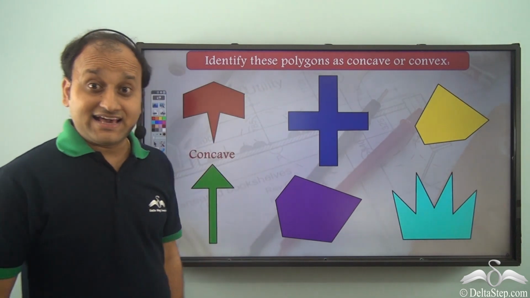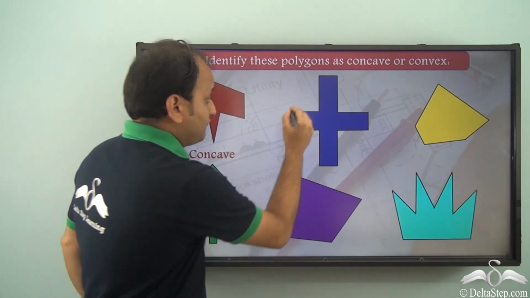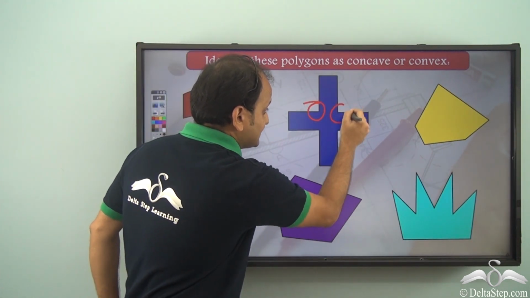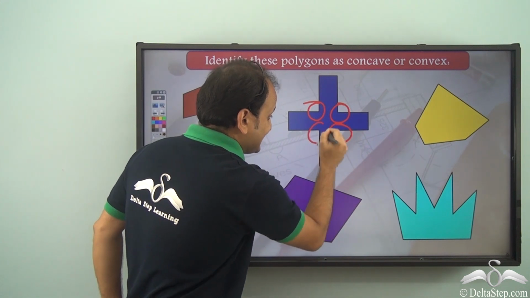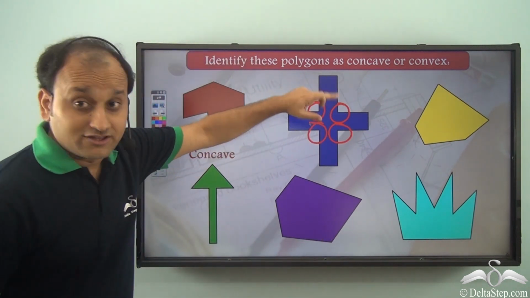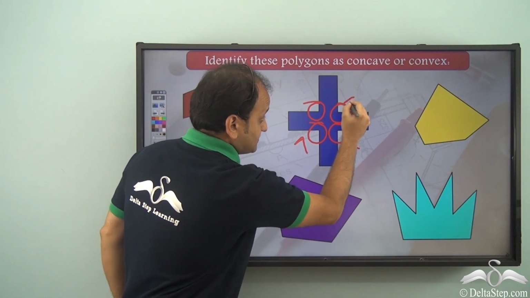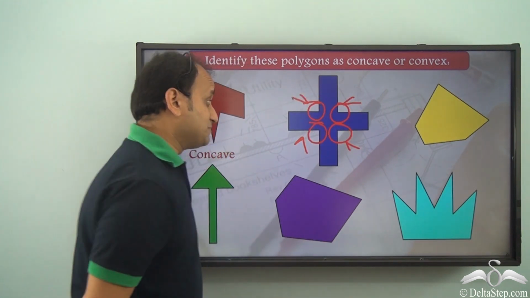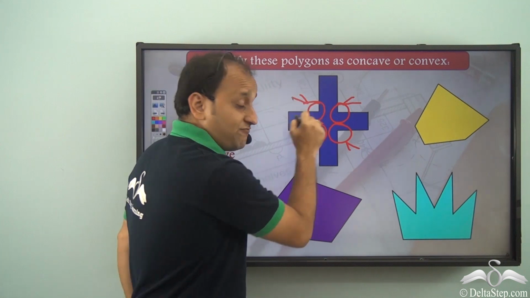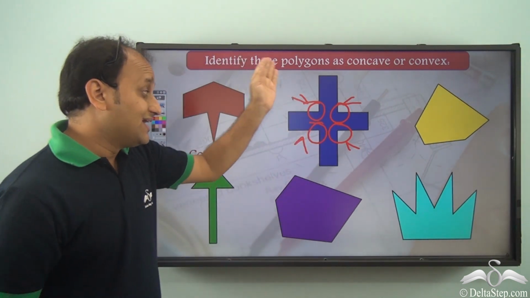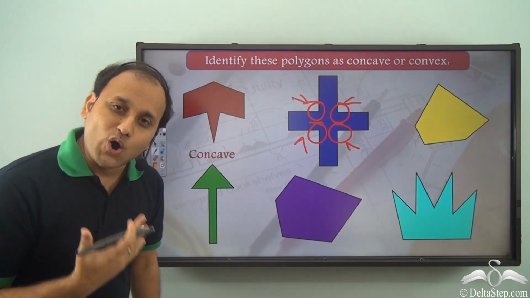Now, let's see the next one. Here, what do we see? We have this, this, this, and this. All the four vertices are pointing inwards, which means they are making reflex angles, and that's why this again is a concave polygon.